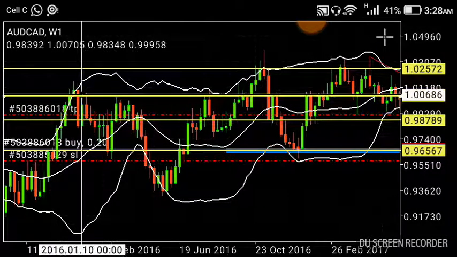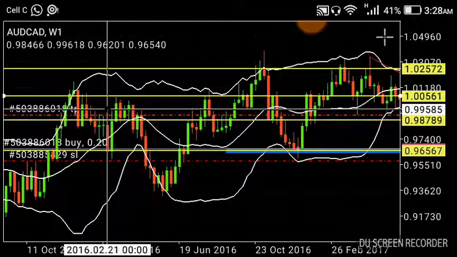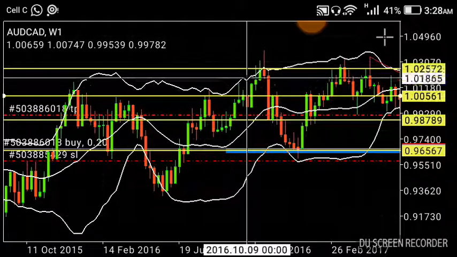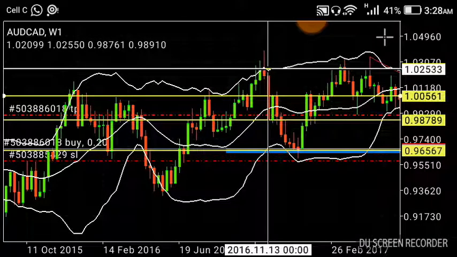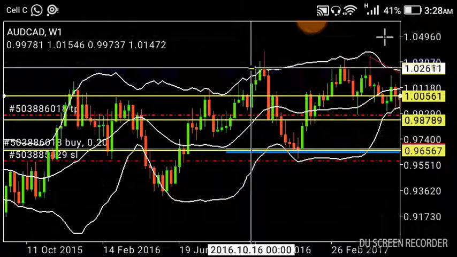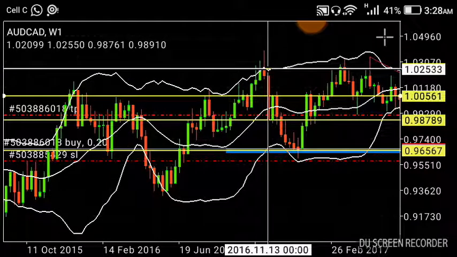So you will get actually more confirmations on a daily chart regarding any trading positions that you might want to take if you are doing your analysis on a weekly chart. But particularly if you see things like this, then you can anticipate some sort of reversal.